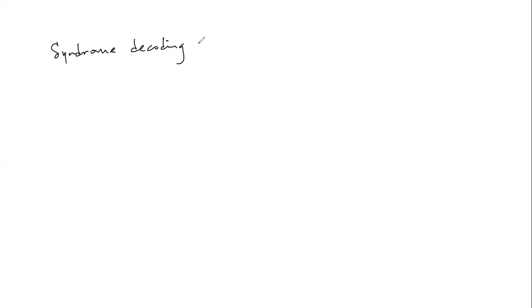Then at the receiver, the decoding scheme uses the parity check matrix to check for possible errors and then correct for them. So for a code word C, let's say we're given a code word C transmitted over a noisy channel at that.